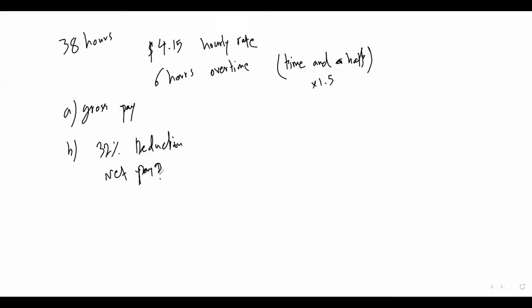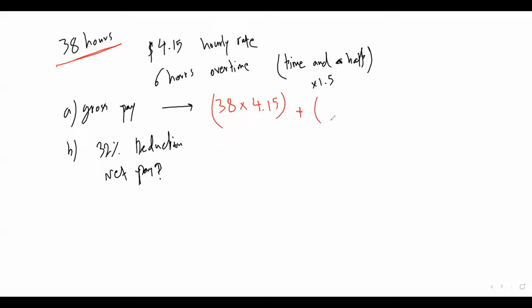So it seems quite an easy question, and to be frank, it is actually, because for the gross pay, all you need to do is just multiply 38, the number of fixed hours, by 4.15, and then you add the overtime that you work.